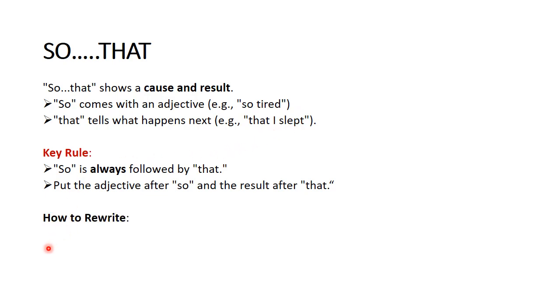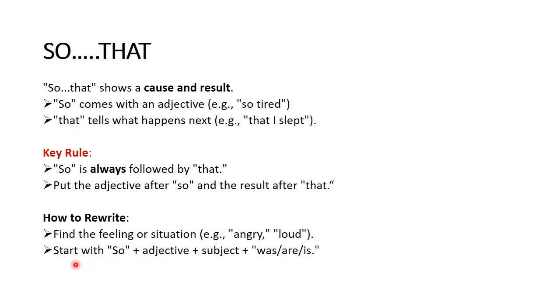So how do you rewrite? Okay, first you have to find the feeling or situation or the adjective. The words like hungry, loud, tired, happy, big. Adjectives. So you have to find an adjective first. Then after that you start with "so" plus adjective plus subject plus words like was, are, is.